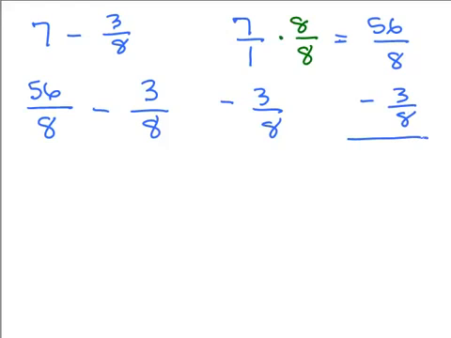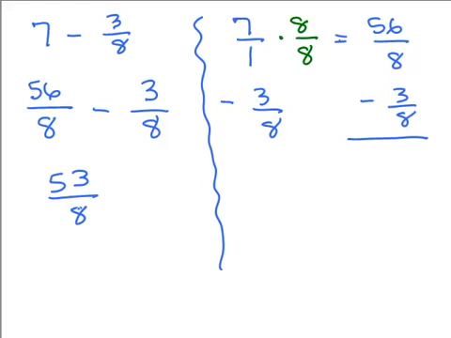If you like to do it vertically and show what you're multiplying numerator and denominator by, we're still going to get 56/8 minus 3/8. Okay, so then what is 56/8 minus 3/8? That's 53/8. Remember, you subtract the numerators and you just keep the same denominator. So there's one problem doing it this way.